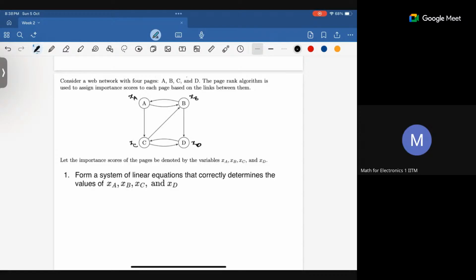If I open page A, it contains some information about page B and page C. That means some importance of C and B is shown in A, and that's the only information A has.